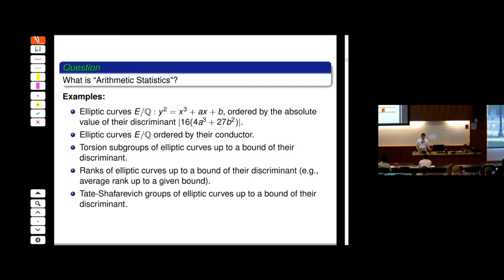Some spaces have points locally everywhere, and whether they have a point globally or not is the only obstruction to what we hope is an algorithm to find all the points on the elliptic curve. And if the Tate-Shafarevich group is finite, then we have an algorithm to find all the points. So we are also trying to model and understand what kind of Tate-Shafarevich groups we expect to find by height of elliptic curves.